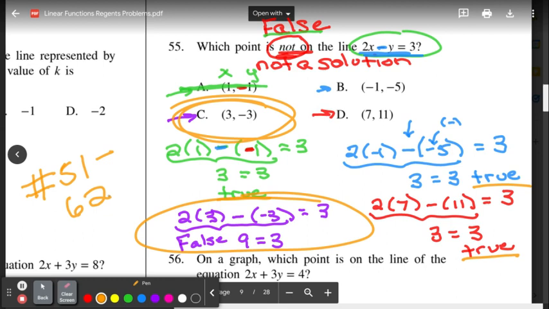You're going to do those problems, but you are going to skip. You can totally cross off numbers 58 and 60. Okay, don't do those. So you're going to do 51, 52, 53, 54, 55, 56, 57, 59, 61, and 62.